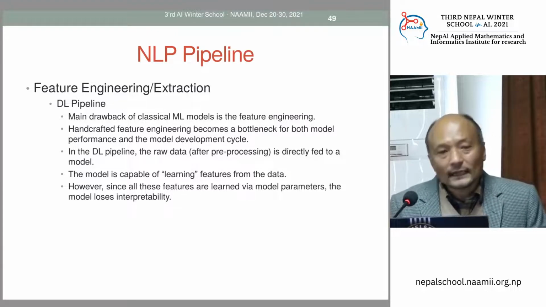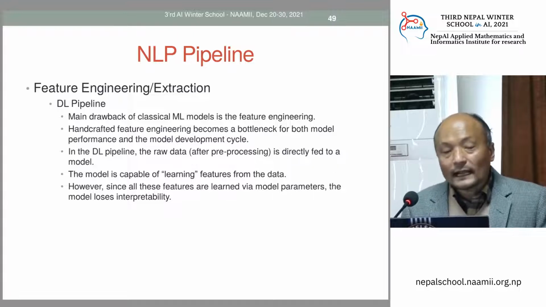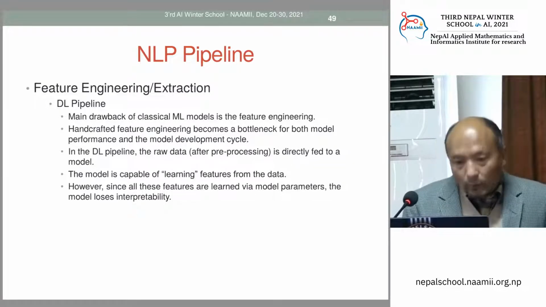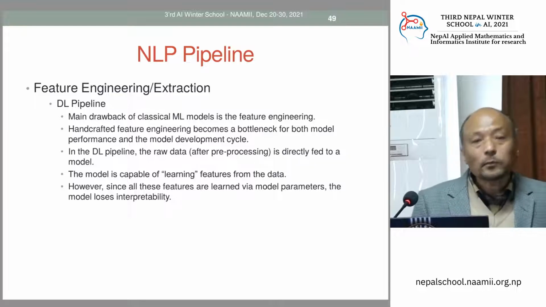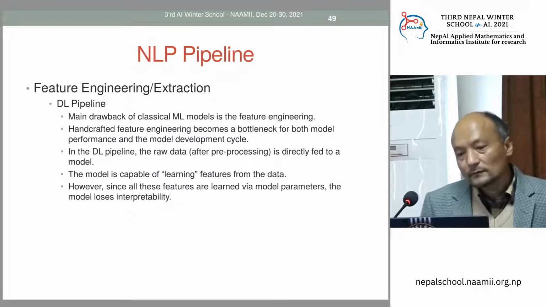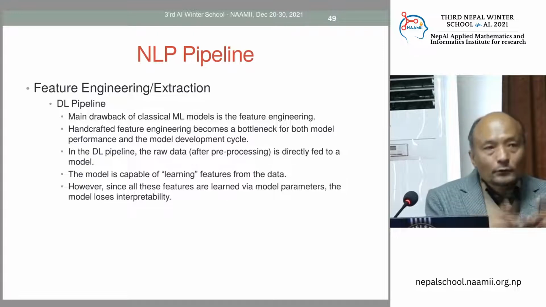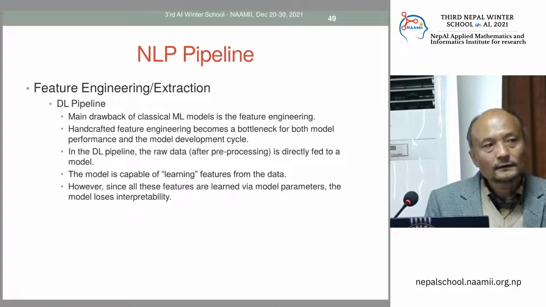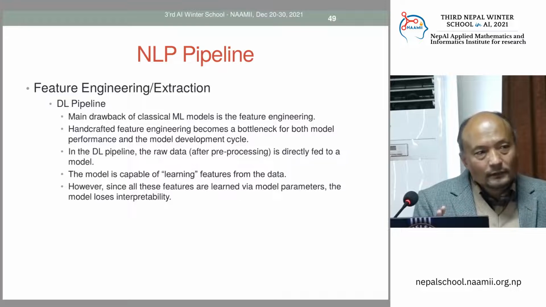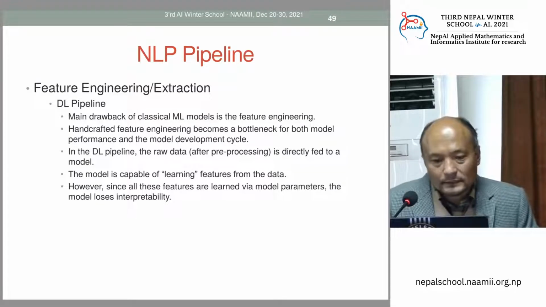In the deep learning pipeline, the raw data after pre-processing, of course, is directly fed to the model, and the model is capable of learning features from the data without you intervening. Maybe the context and everything would be considered, and based on that, it will learn the features.